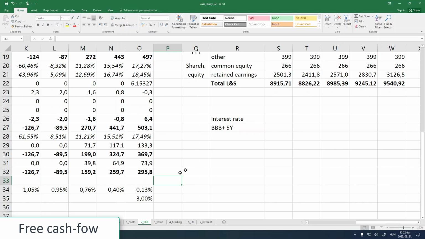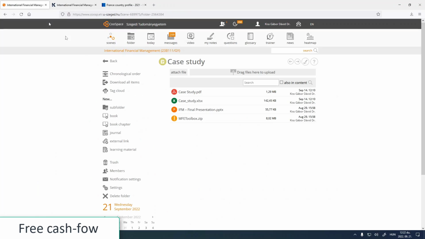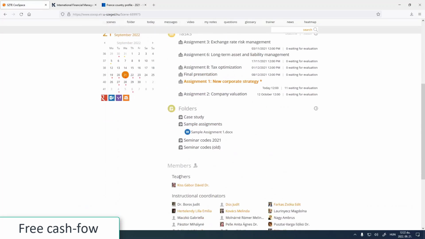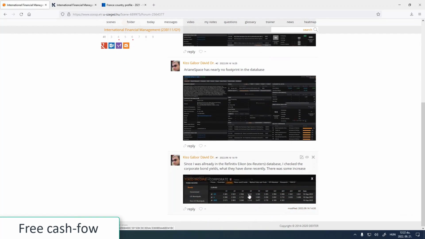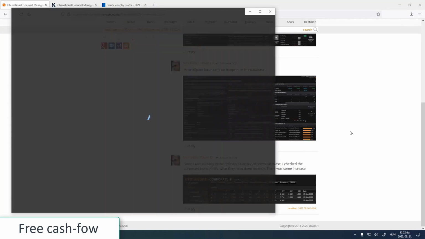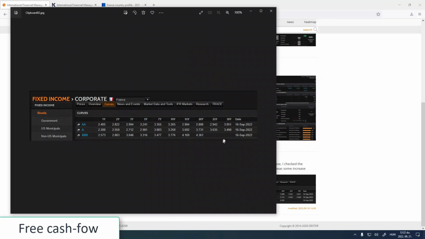then we have the print screen from Reuters, so we can see that if we are purchasing AAA rated corporate bonds, or double A rated bonds, because France is only double A rated, then it's 3.2%.